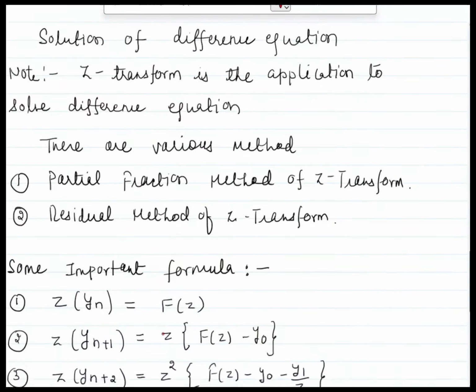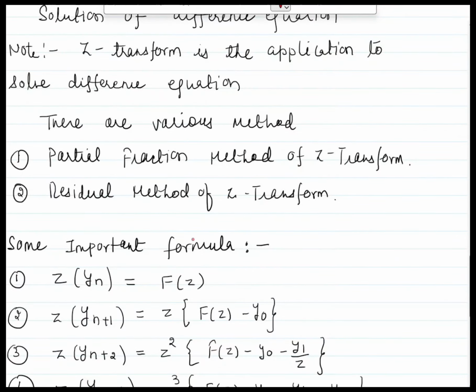So we have two methods. The first method is the partial fraction method, and the other method is the residue method. We will study them one by one. In this lecture, we are going to see how to use the partial fraction method.